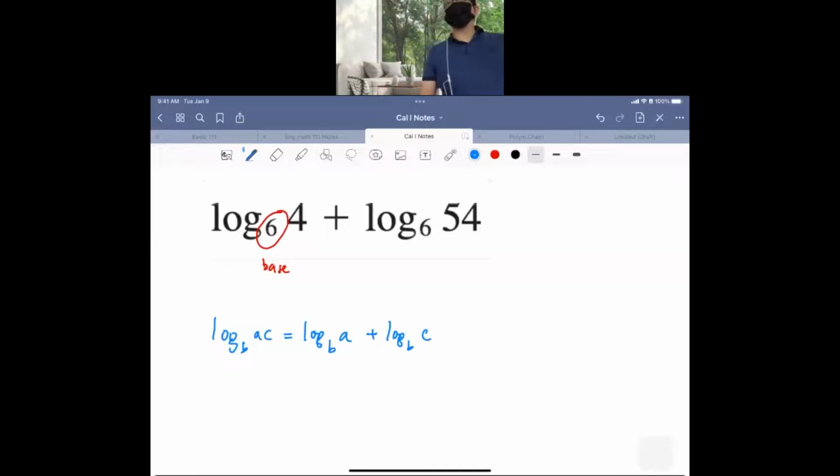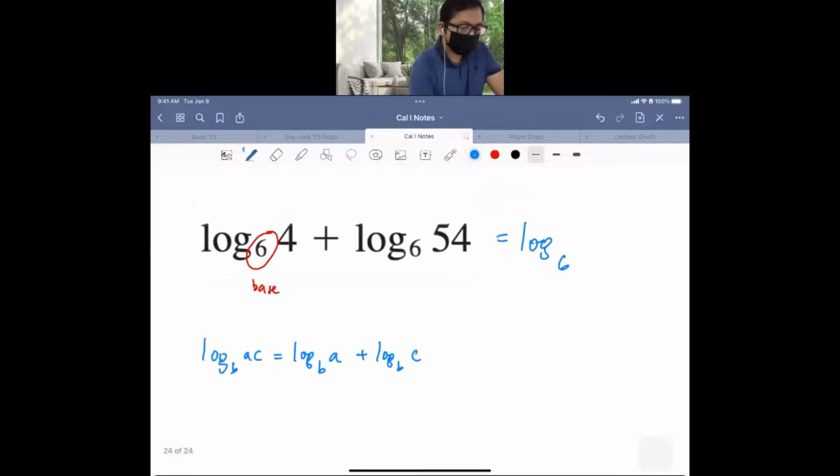As long as we have the same base, we can multiply the insides. So this will be log 6 plus log 36. Or if you want to directly multiply, this will be 6 times 36, which is 216. Right?